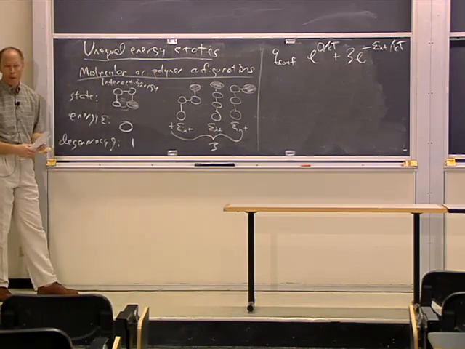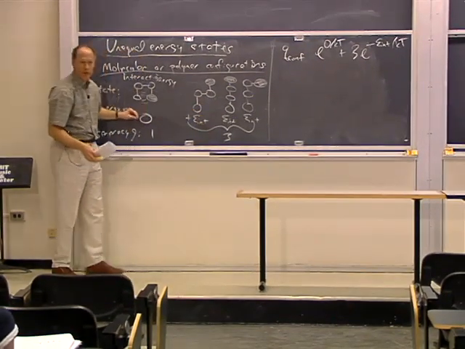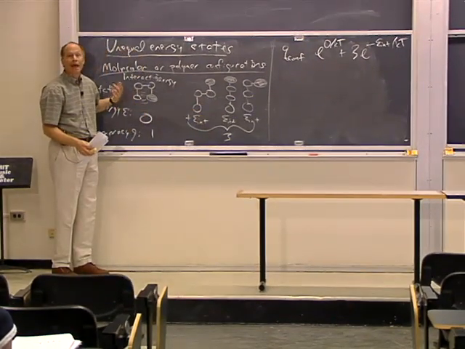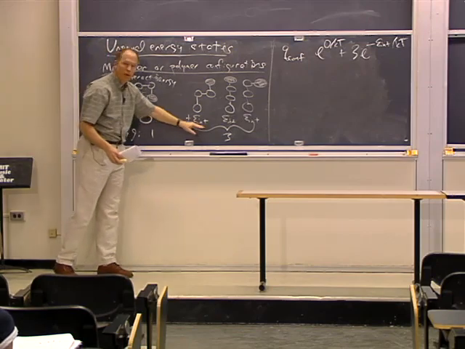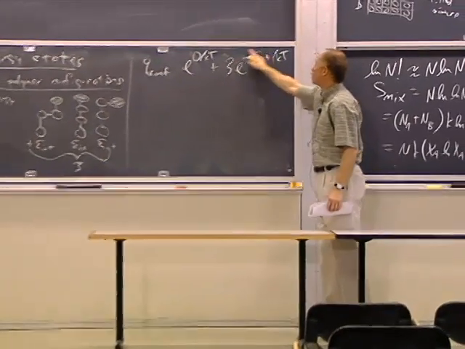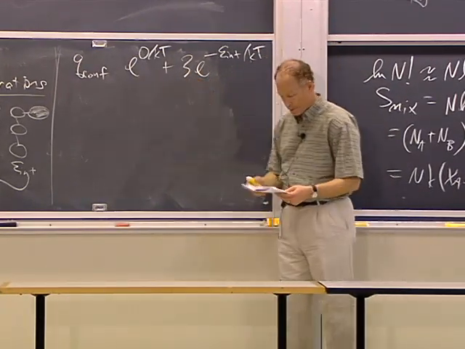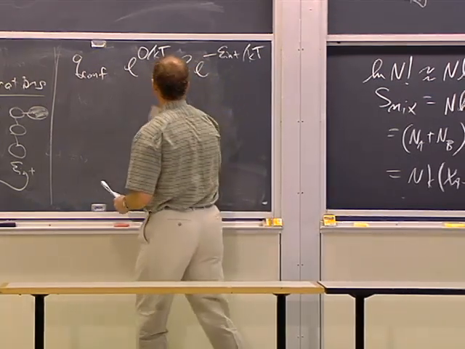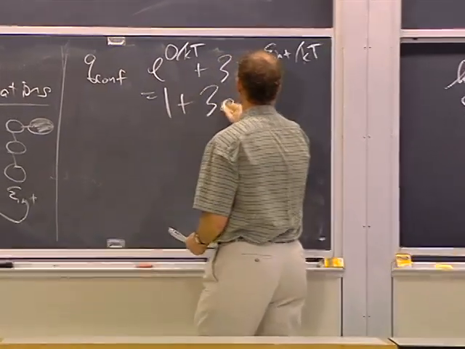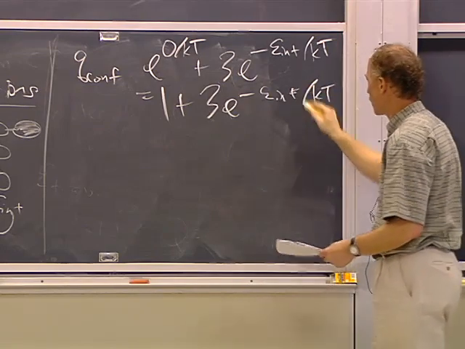So there are 3 possibilities in which the molecule could have this energy and only one this. So if kT is bigger than E int, in other words, if this term isn't very much smaller than 1, then of course this will be bigger than this. Okay. So of course this is 1 plus 3 e to the minus E int over kT.